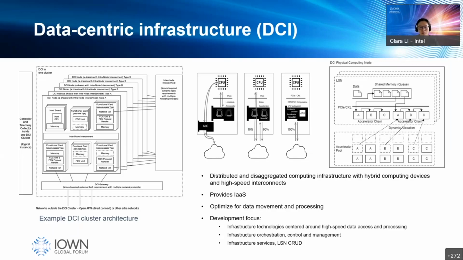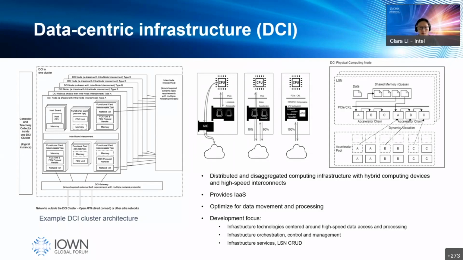There are two main features of the DCI. One is that it provides infrastructure as a service, meaning the DCI system provides a pool of computing resources, and on top of these resource pools we can instantiate different logical service nodes, so that the infrastructure is providing service to the tenant platforms.